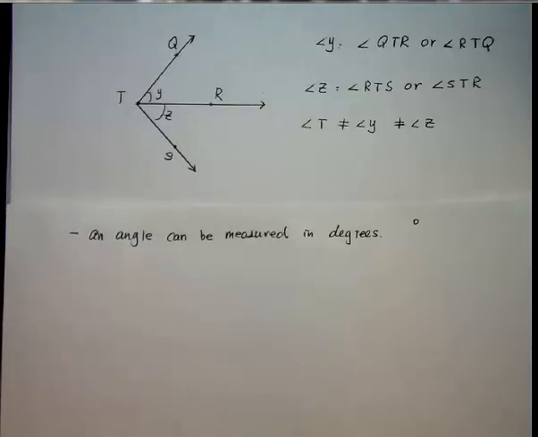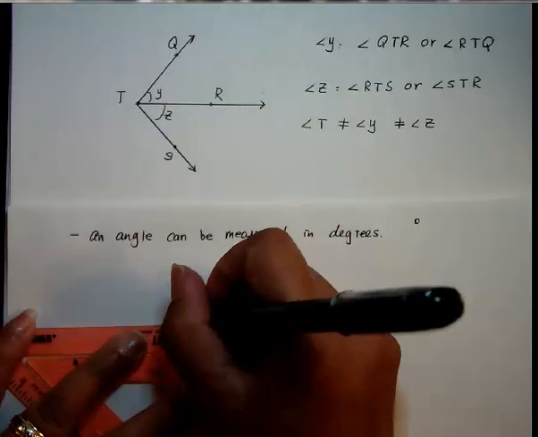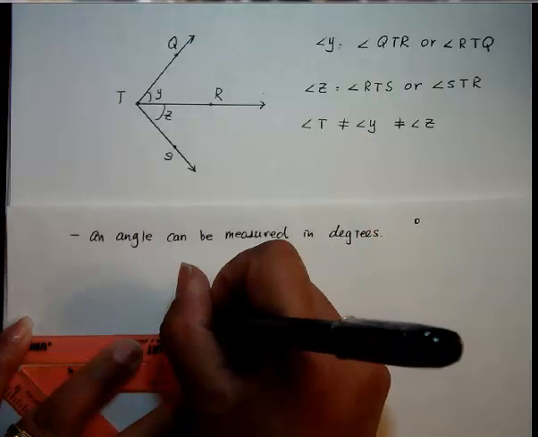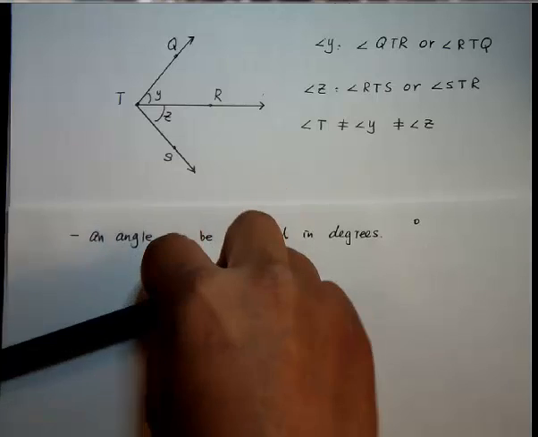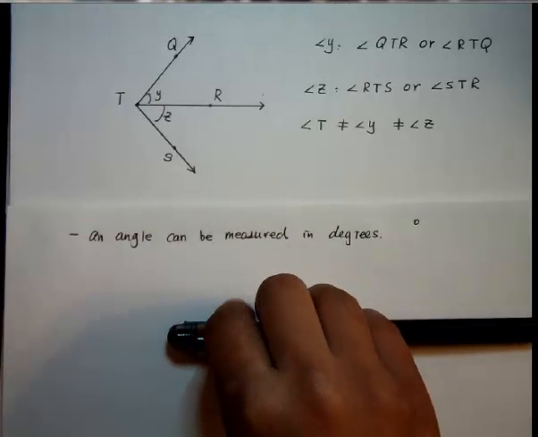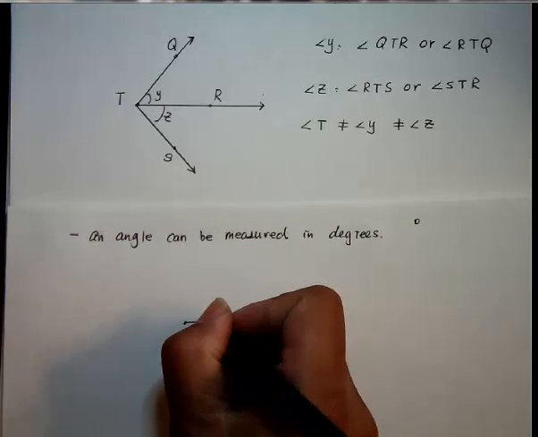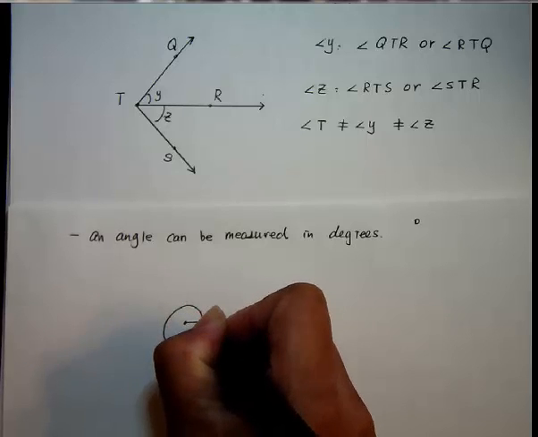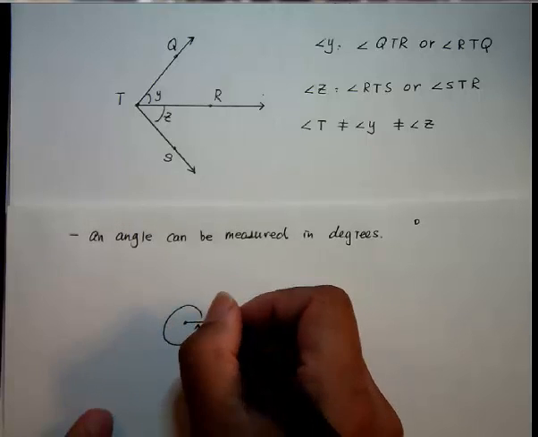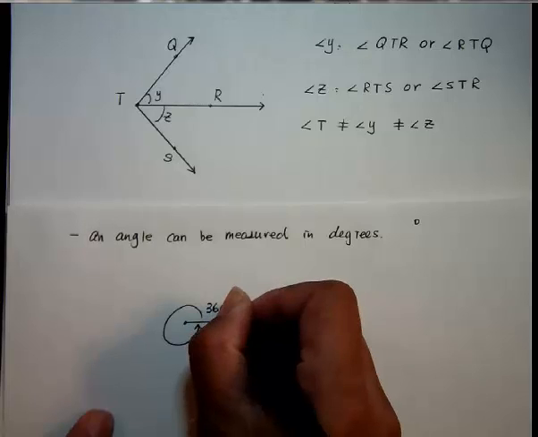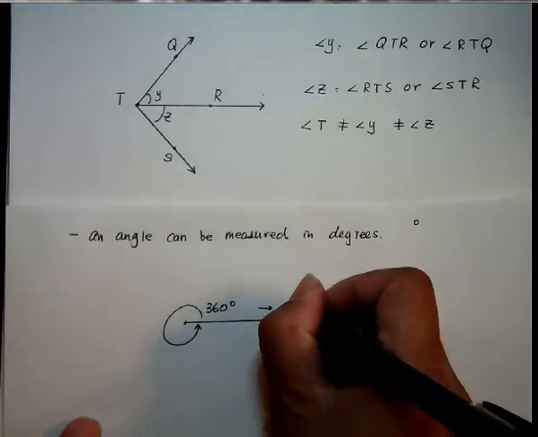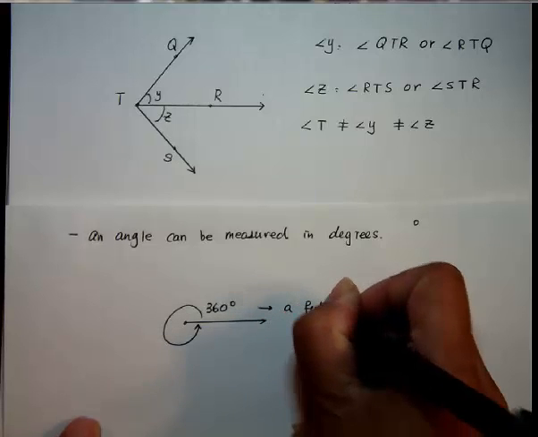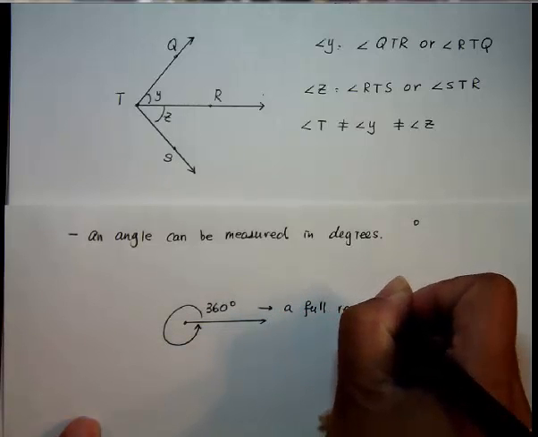If you have a ray here and you rotate the ray until it overlaps with the original, the rotation I just did is 360 degrees. So that is a full revolution.